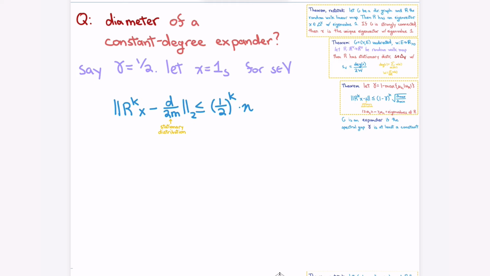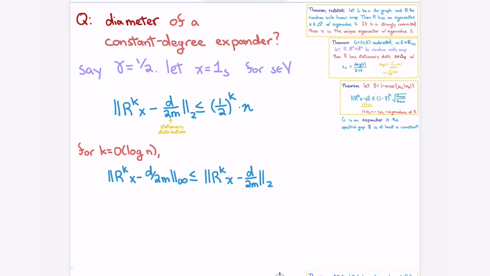I feel like that should be square root n, but it doesn't matter too much. It's dropping really, really fast. So if you take k to be like log n, the L infinity norm, that's the maximum coordinate, is bounded by the L2 norm. So I want to argue there's non-zero probability.